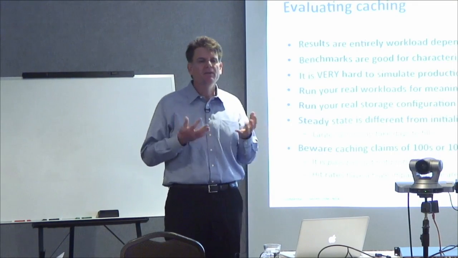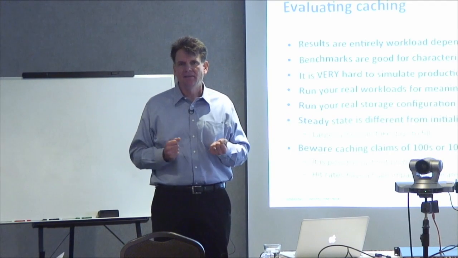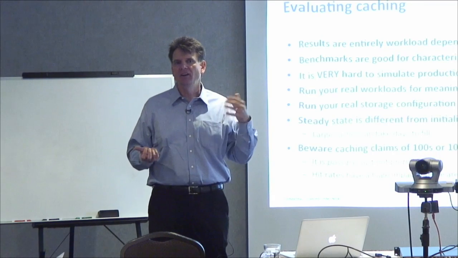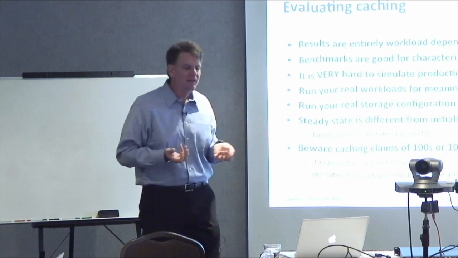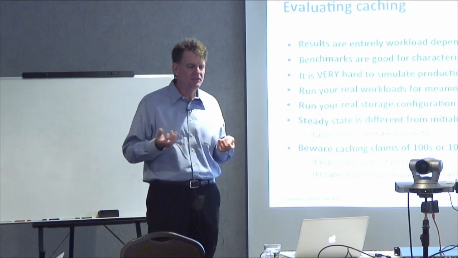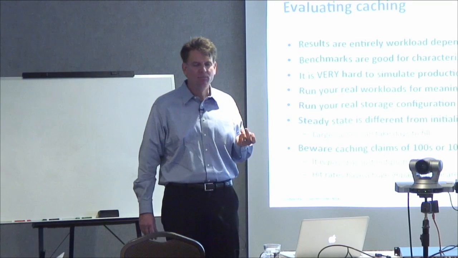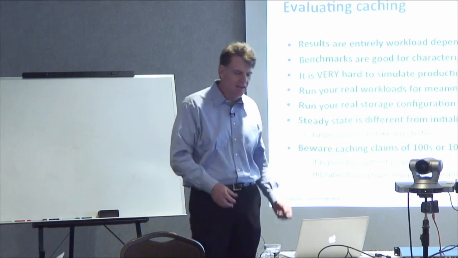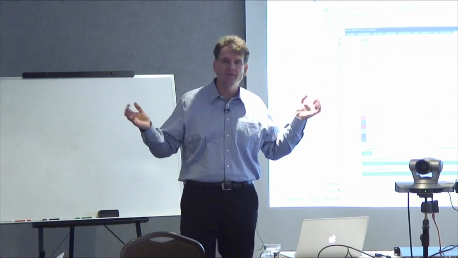Therein lies the problem. If you have to read something before you write it, then your writes are actually affected by read latencies. And so, I have seen some caching demonstrations that have been highly suspect because, in fact, there were no inter-IO dependencies, and I am going to do that for you right now.